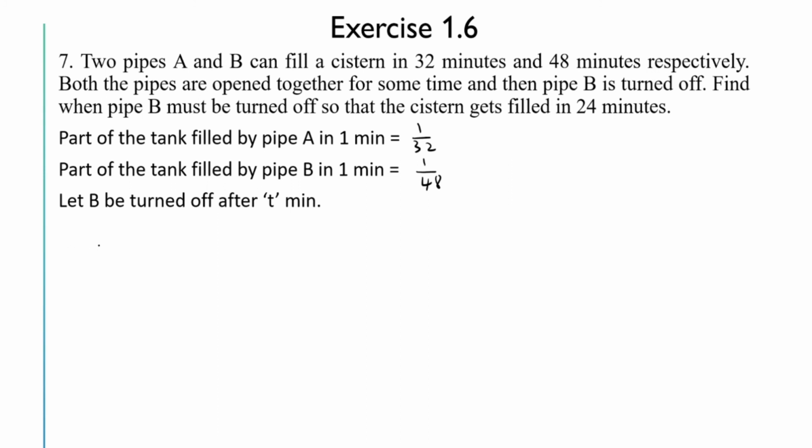So the part which is filled in the first T minutes is T into (1 by 32 plus 1 by 48). Then for the remaining time, that is for 24 minus T, B was turned off and only A was turned on.